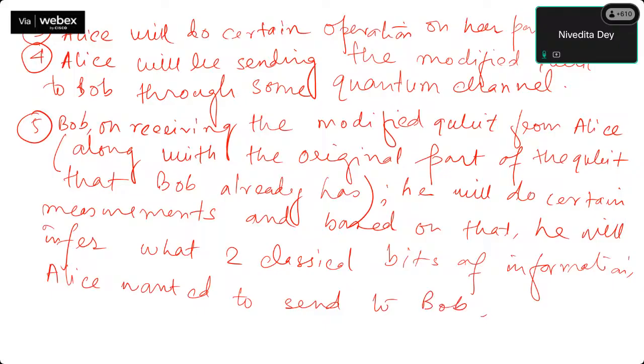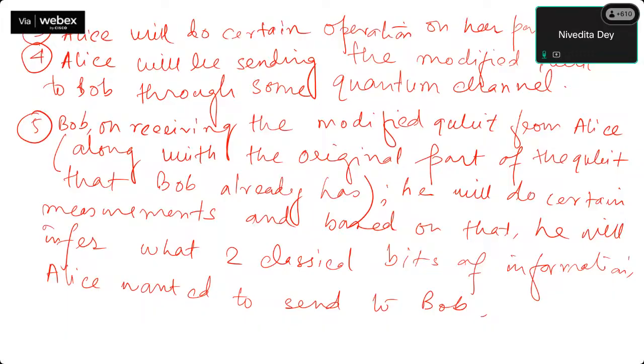So the algorithm is pretty easy. Initially, we will be starting with some entangled pair creation for Alice and Bob, where both of them will be sharing one qubit each. Next step is Alice will be choosing some quantum state that she wants to transfer to Bob. But after that, Alice will be doing certain operations or modifications on her part of the qubit and then send the modified qubit to Bob.